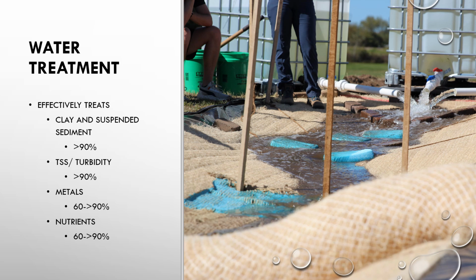For metals, anionic polyacrylamides are widely used in mining and wastewater treatment, and they're very effective at removing metals. Often it depends on which type of metal we're targeting. Just like with soils and waters, we need to do site-specific testing to know that we're taking out what we're after. And that is going to be 60 to 90% on average when we're doing metal treatments.